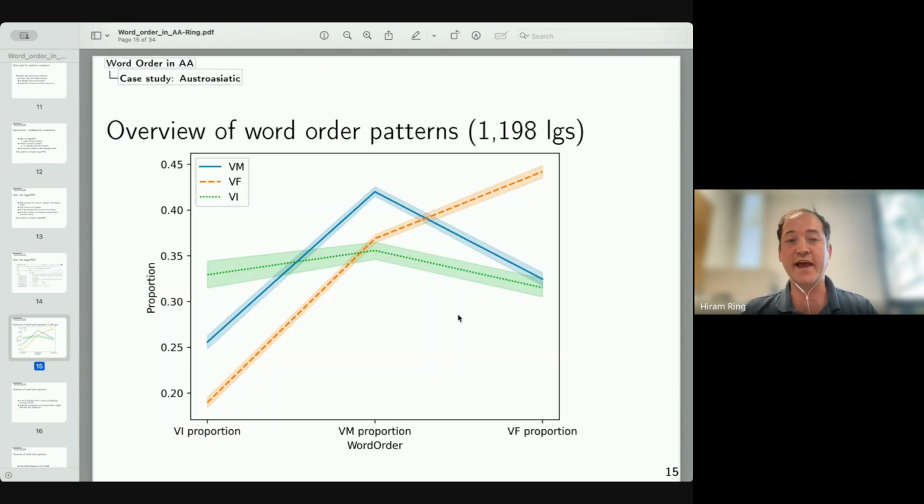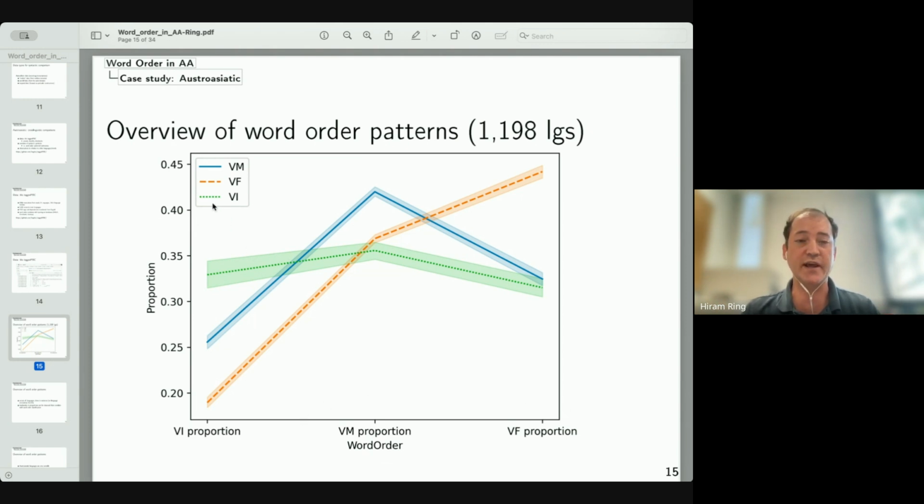But if we look at, say, word order patterns, okay, in the 1,198 languages from typological databases, so this is word order that's been determined by experts for those languages, you can compare that with word order proportions. So here we have verb initial proportions, verb medial proportions, verb final proportions. And the observation here is that all languages have some degree of variation in the word orders that you can find in a given corpus.